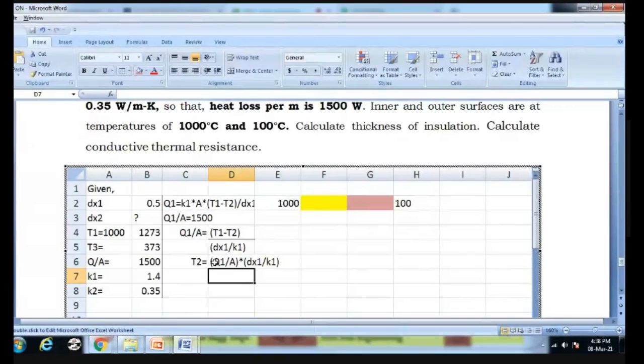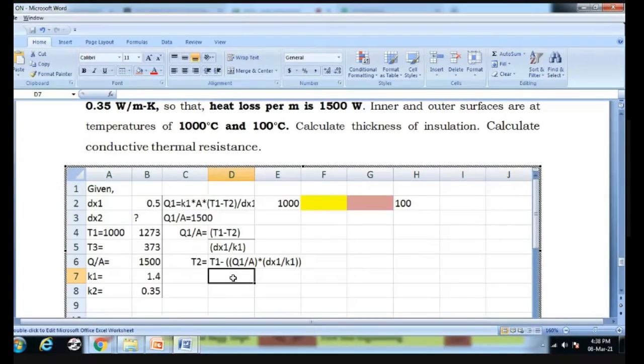And the whole thing you need to subtract from T1. This into this, and T1 minus all this product, you will get T2.